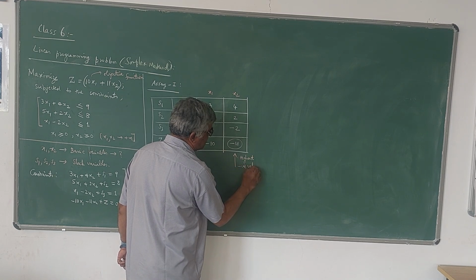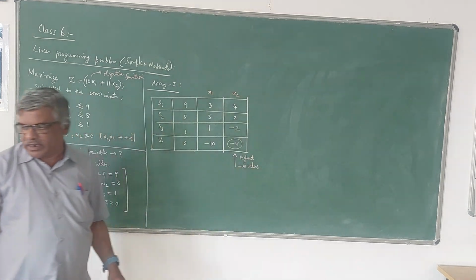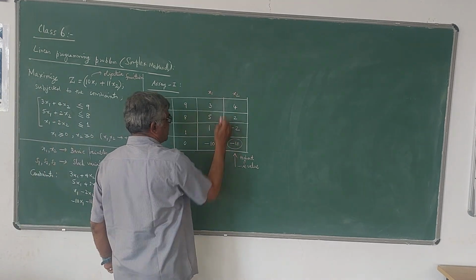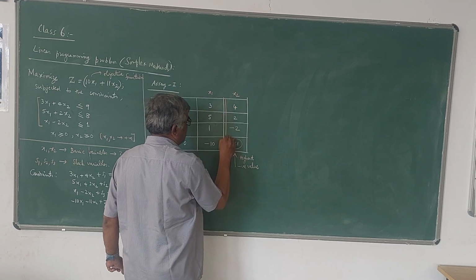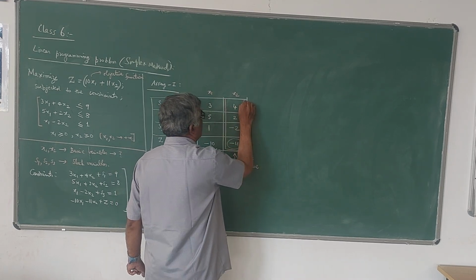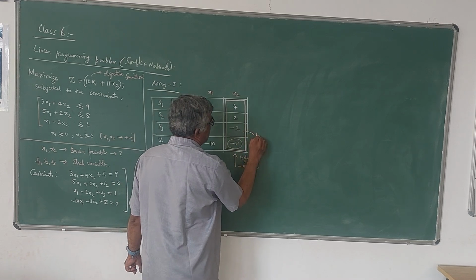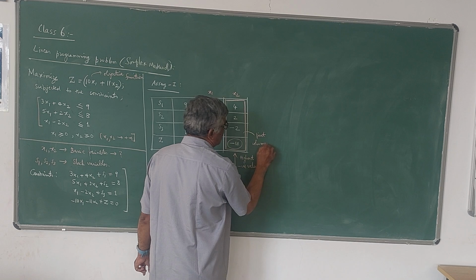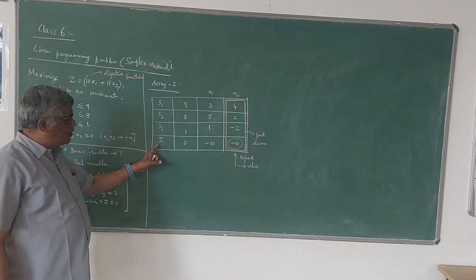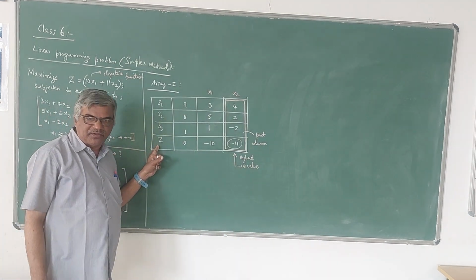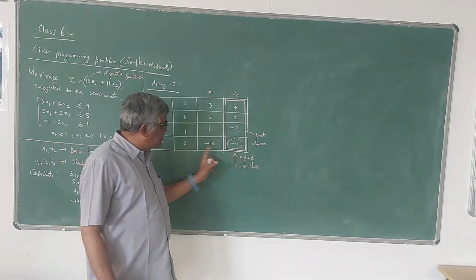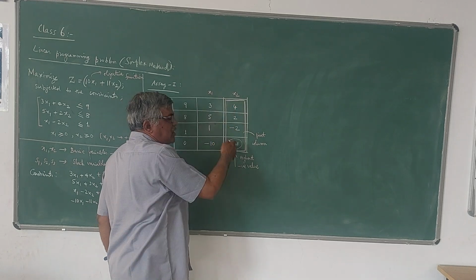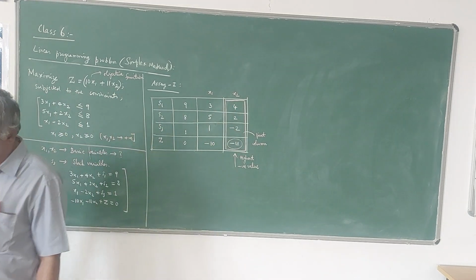You have to choose the highest negative value, and the column corresponding to that is called the pivot column. So you take the last row, in which the values are associated with z, and whichever is the highest negative value, you mark the corresponding column. That is called the pivot column.